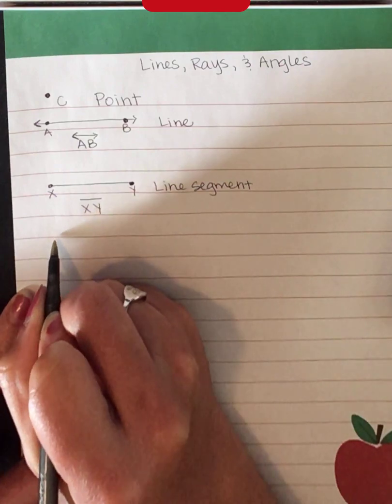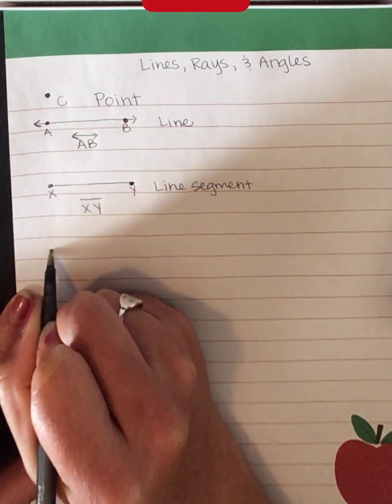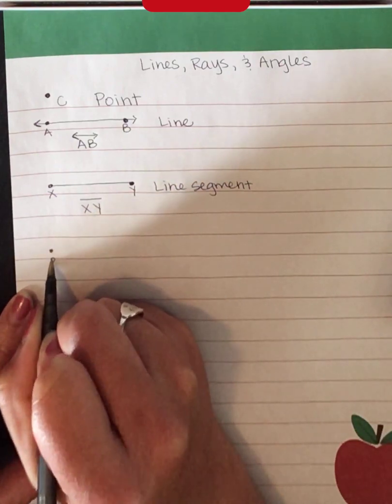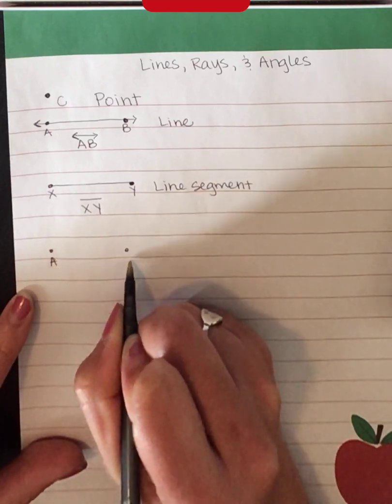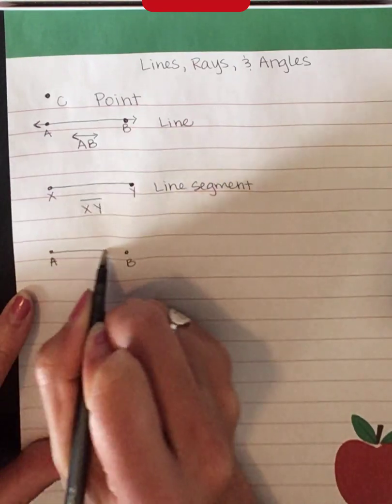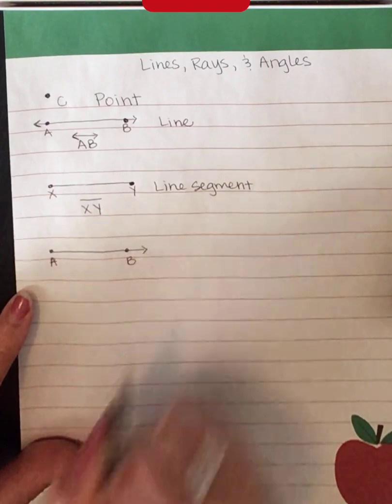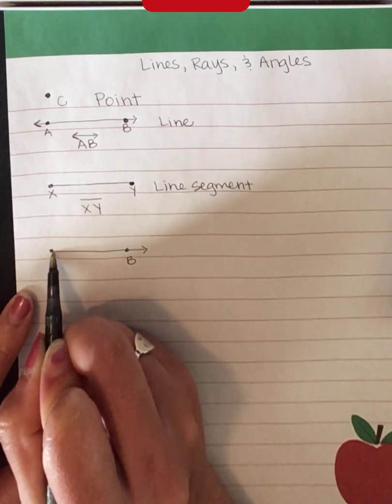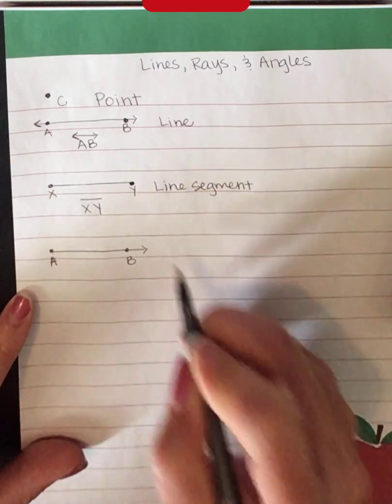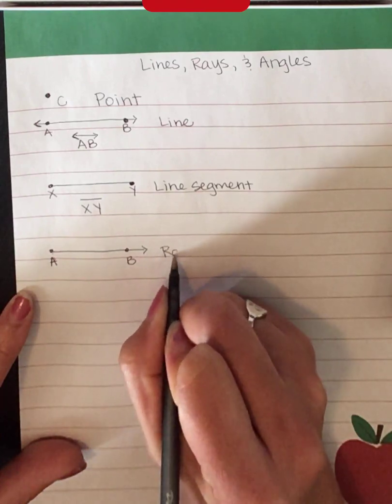Then we've kind of got a combination of the two. I'm going to skip a line. We're going to name this point A, and this point B. We're going to put a line with one arrow. Notice how it starts at A and goes through B. This is called a ray.